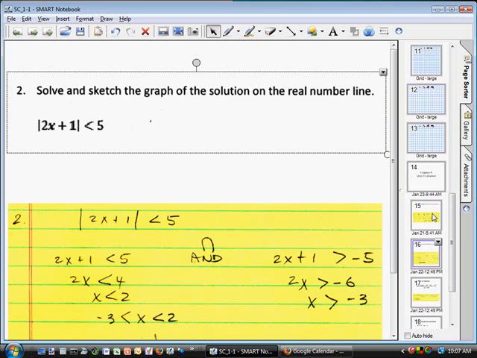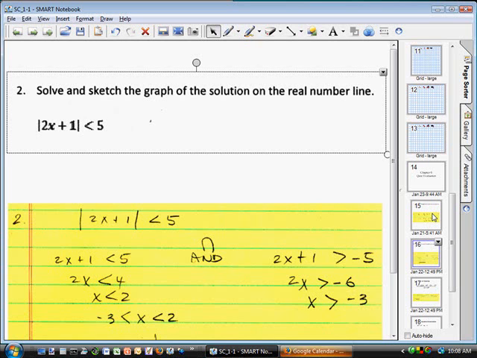The second one was solve and sketch. Oh yeah, this was your absolute value problem. And the first thing you had to remember is when you do an absolute value less than problem, you wind up with a kind of a sandwich, something that's caught between two values, and you have to do an intersection or an and. You break it into two parts.